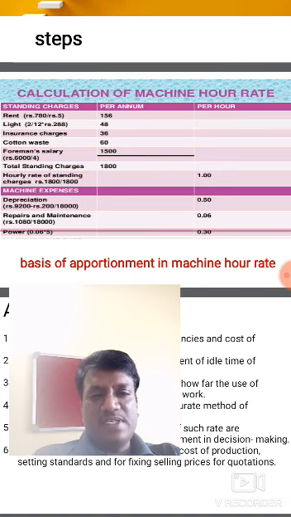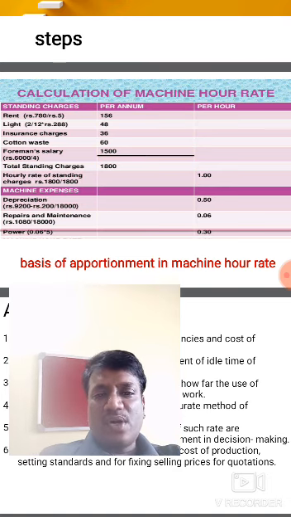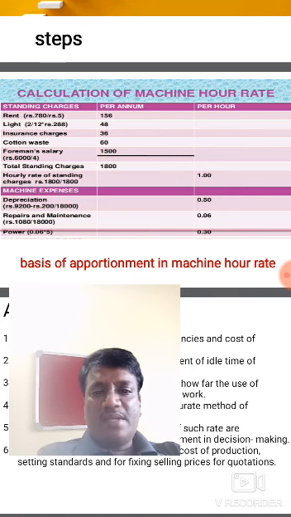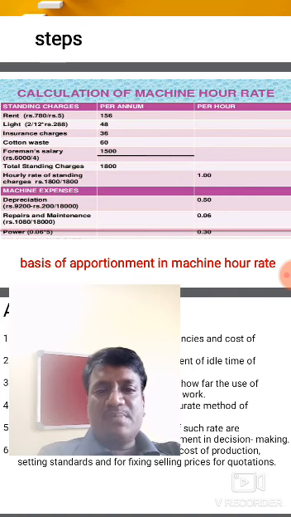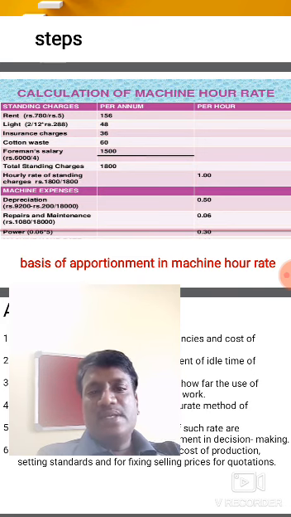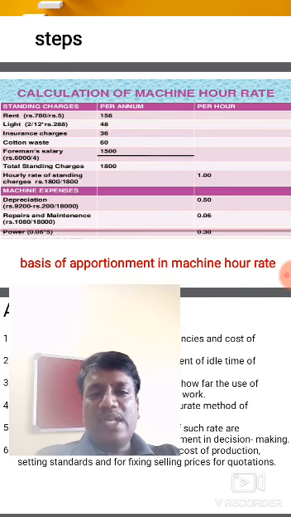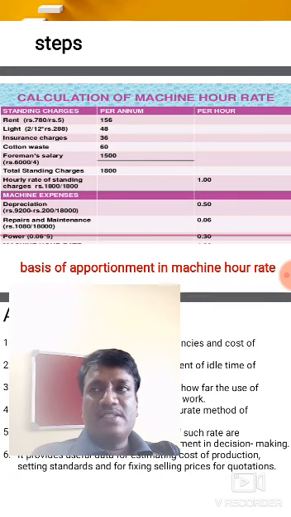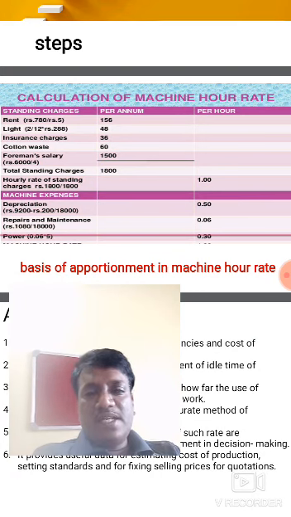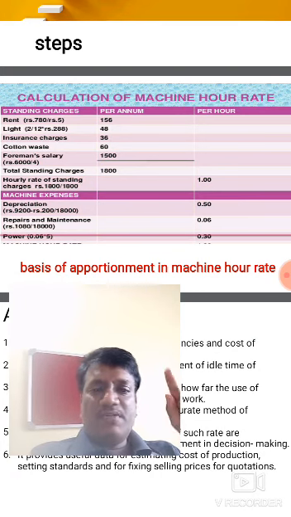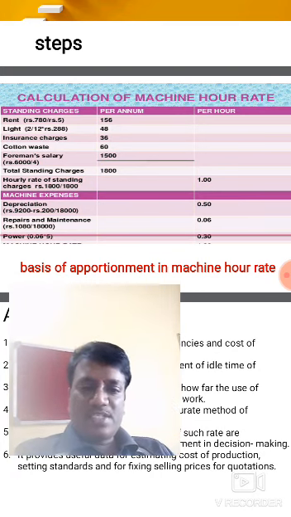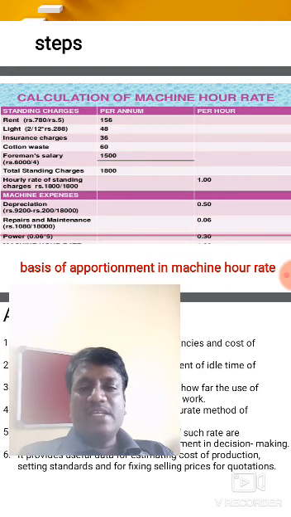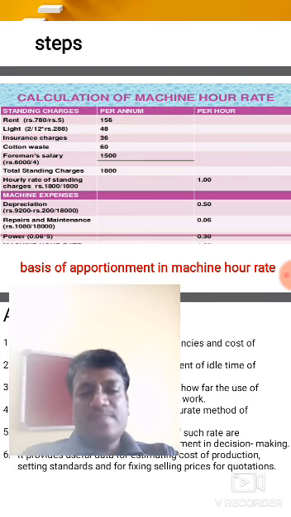The first column is for the details, to record the standing charges and the machine expenses. The second column records the per annum expenses of a machine for the total working hours. And in the third column, the per hour expenses. When we calculate all these expenses per hour and make a total of the last column, we will arrive at the machine hour rate.